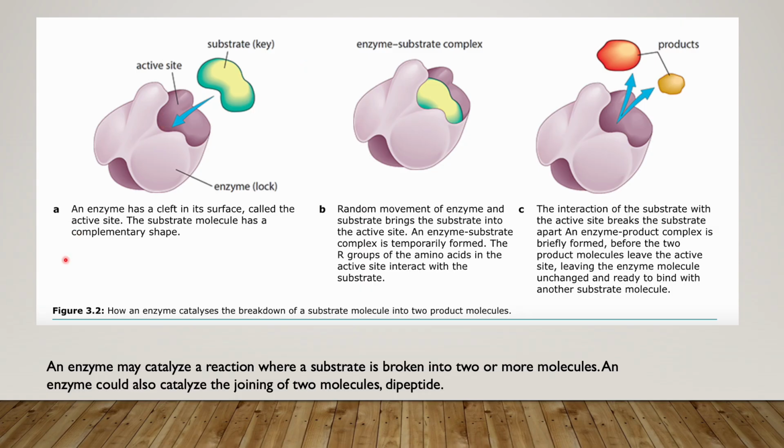It can bind together at the active site, and when combined, we have our enzyme substrate complex. But when the products are released, notice we end up getting two products. The reverse could also be true, where two substrates combine at the active site and produce one product in the end.